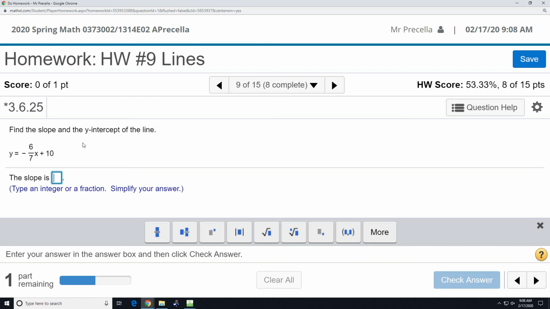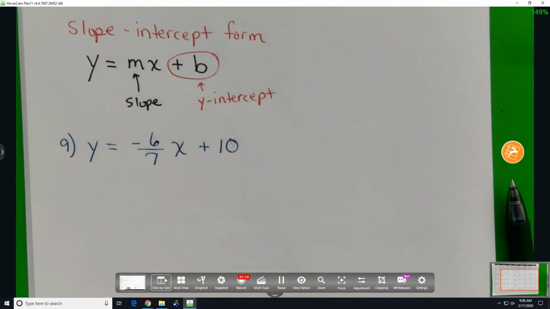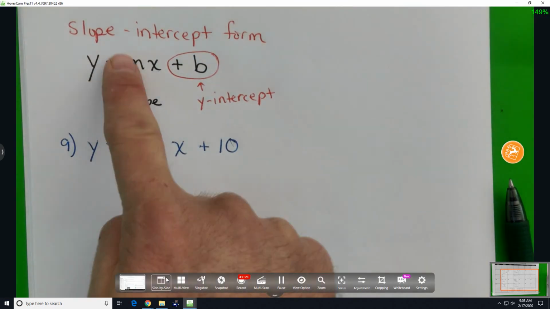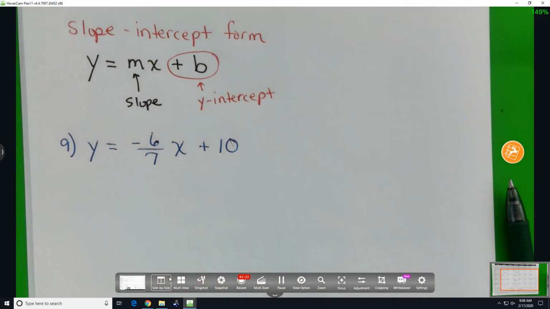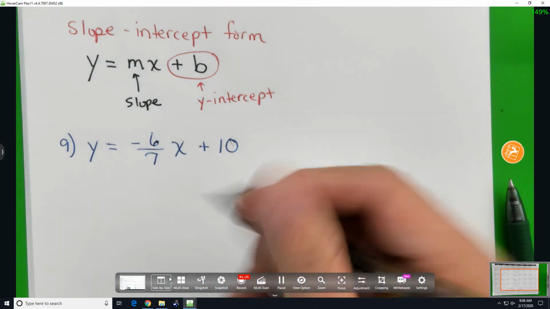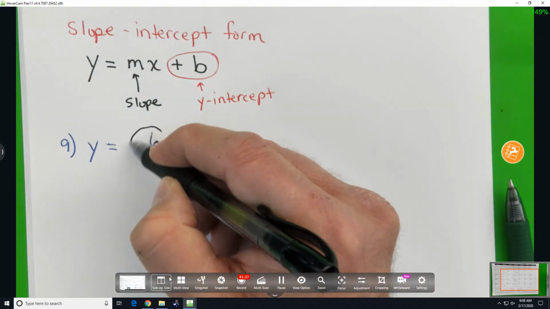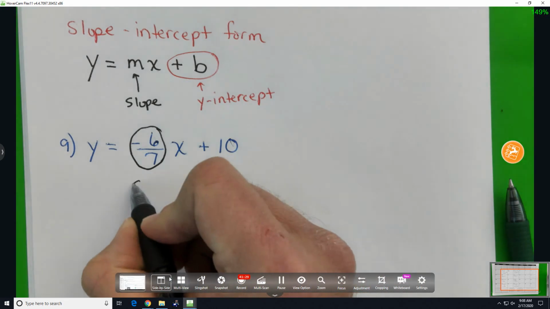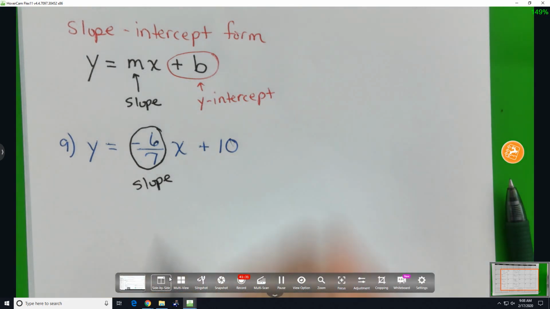But here, is this line written in slope-intercept form? Yes. Tim, go ahead and switch it on over, just so they can see what I've said. If it's in the form y equals, the number in front of x is the slope. So here's my rise over run. M stands for slope.